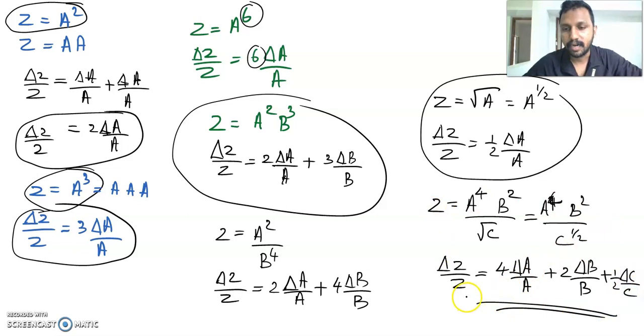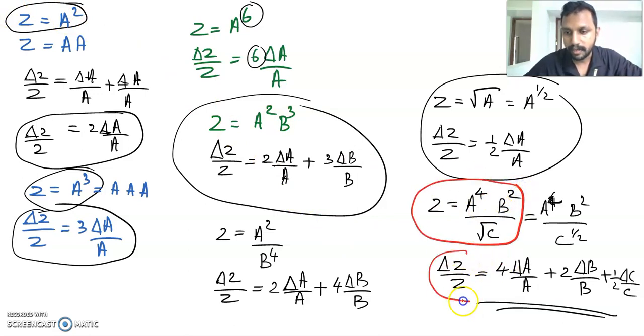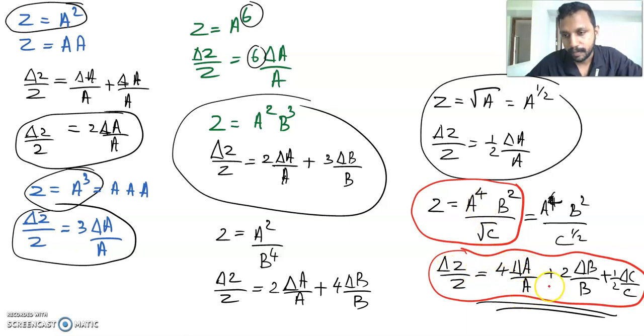Okay, these are some of the formulas that you should remember. That is, by just looking at this example, you might be able to understand all other examples. If z is equal to a raised to 4 b square divided by root c, means delta z by z, that is the relative error of z, it should be 4 times relative error of a plus 2 times relative error of b plus half times relative error of c.